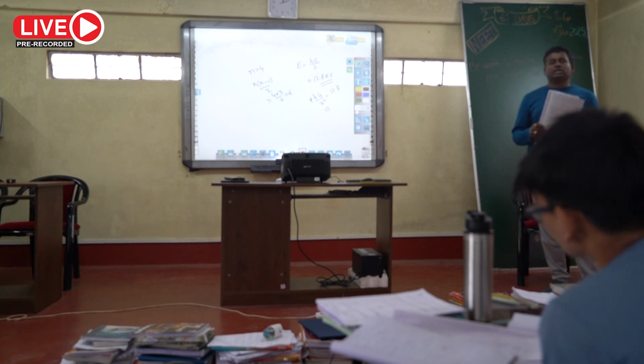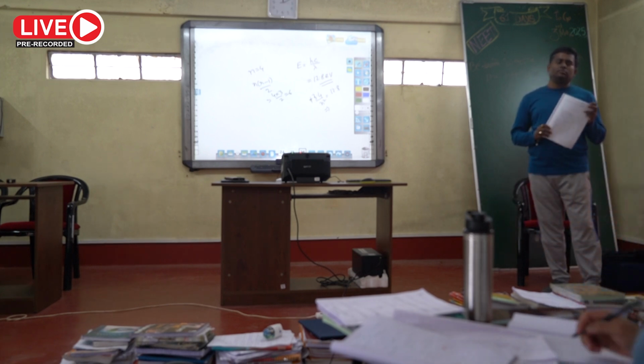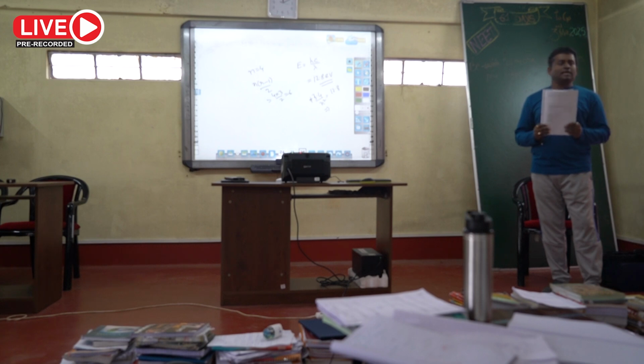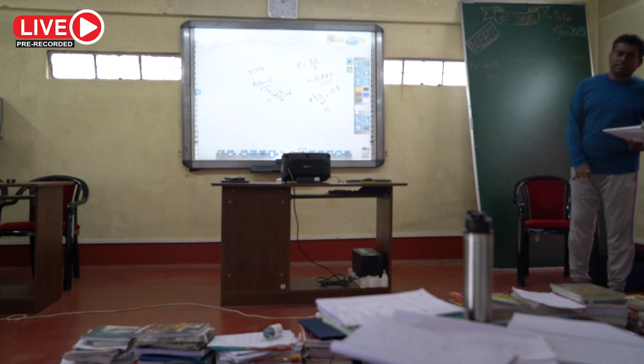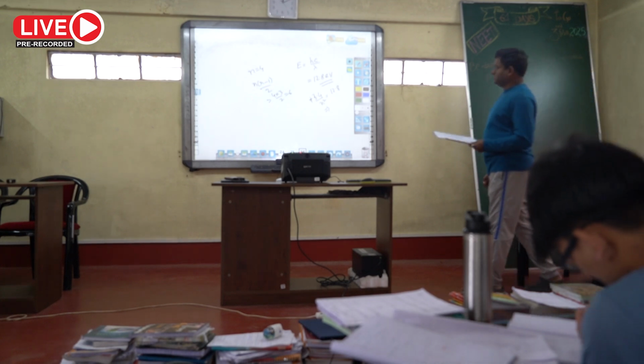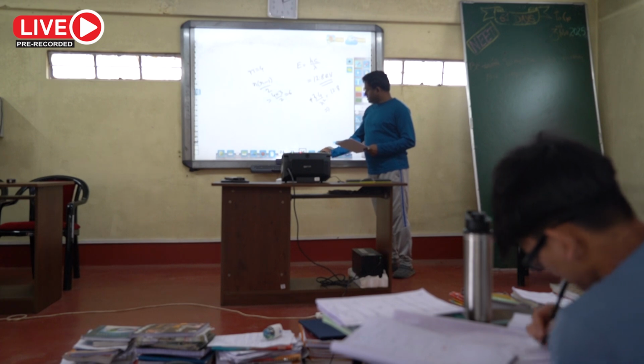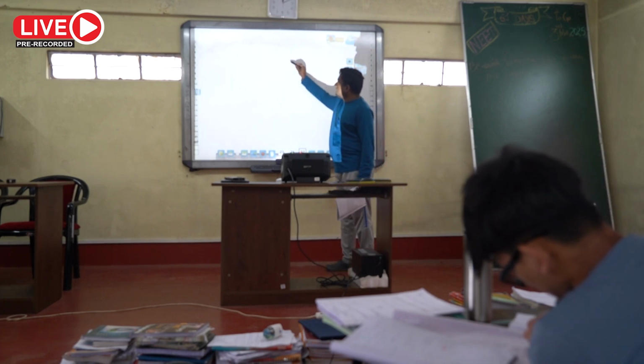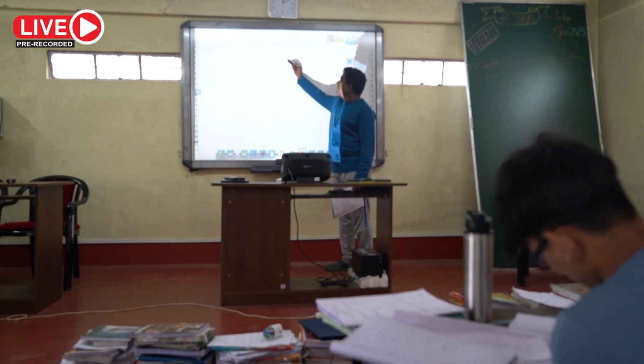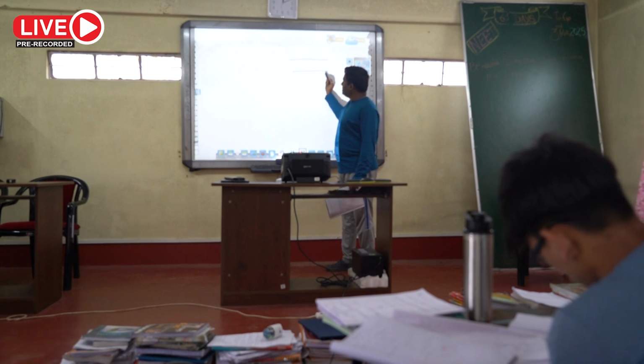You can directly use that 1 by lambda equal to 1 by n1 square minus 1 by n2 square, that relation also we can use. Or otherwise, after calculating n equal to 4, you can also draw this line to find.